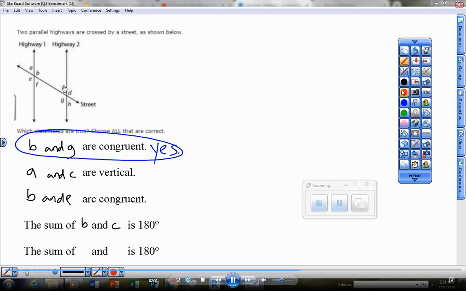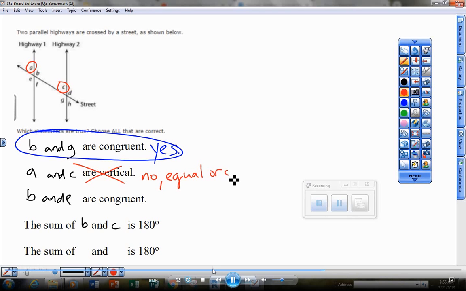And that one is false. Even though A and C are the same, they're congruent, it doesn't mean that they're vertical to each other. So that is false. The only angle vertical to A would be F. F is congruent and vertical to A. But again, A and C are equal and congruent just like B and G were, but they're not vertical.